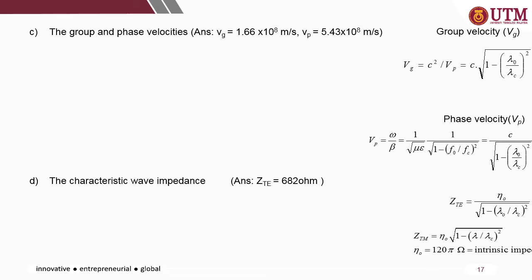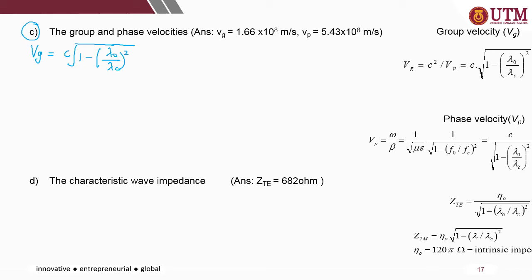Okay, next question C. Please write down the sub-question number, the group and phase velocity. So Vg from the table, the equation will be c squared over Vp. You are yet to know the Vp, so you can use the second equation, c multiplied by the square root of 1 minus (lambda naught over lambda c) squared.